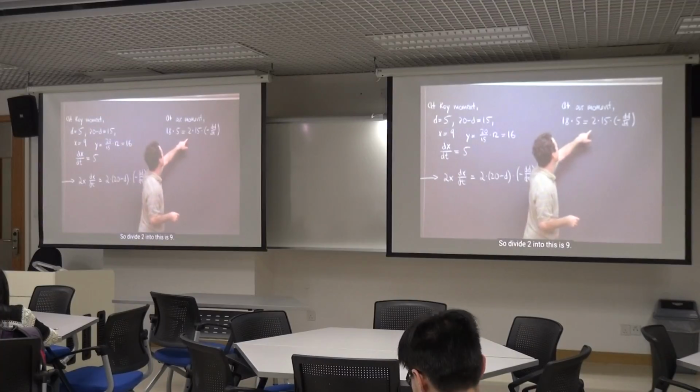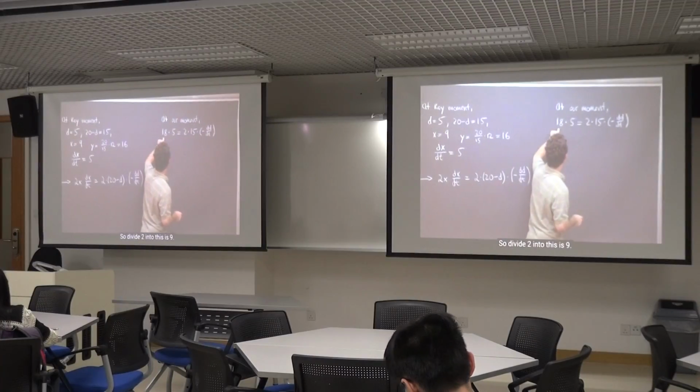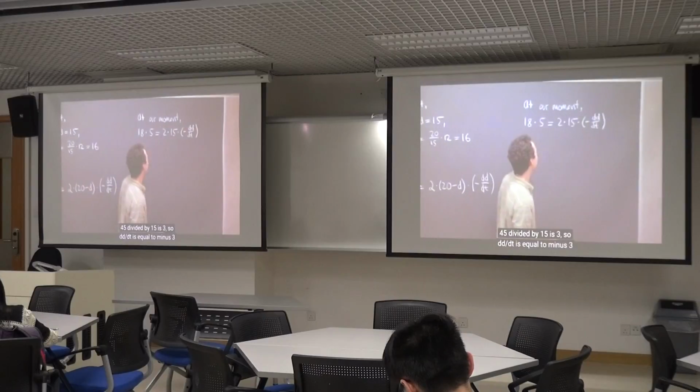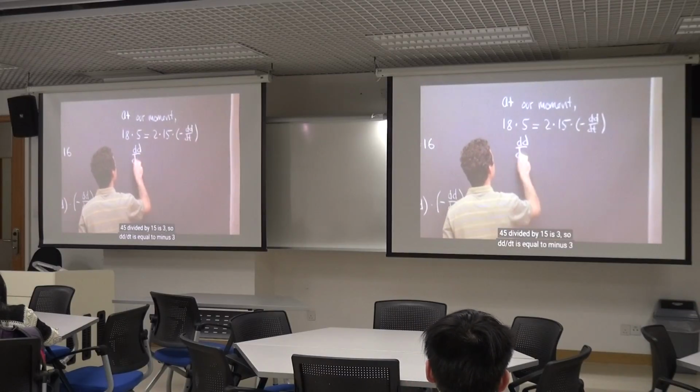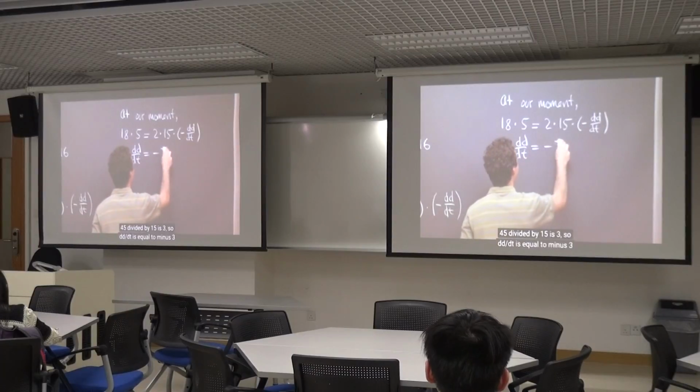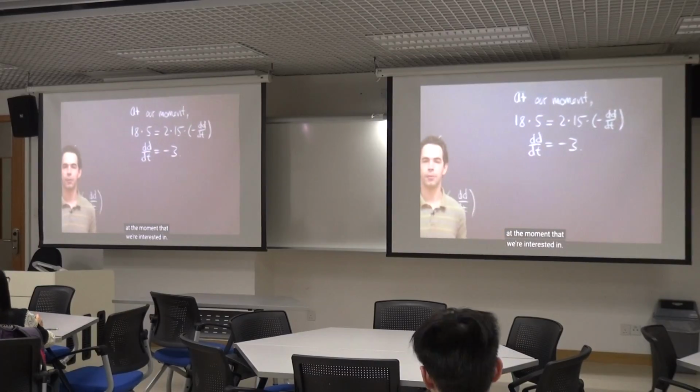Divide 2 into this is 9, 45 divided by 15 is 3, so dd/dt is equal to minus 3 at the moment that we're interested in.